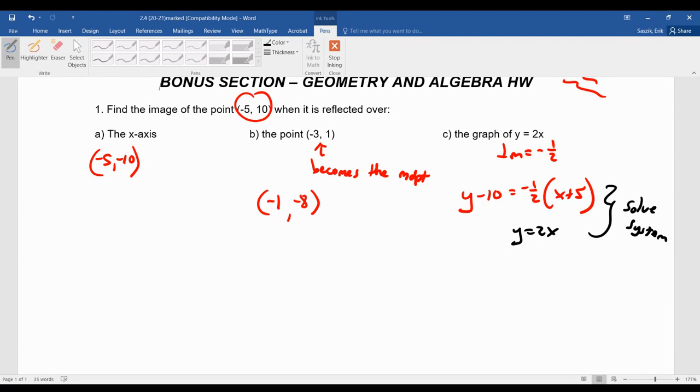Now remember, that intersection is going to be the midpoint from this point to the reflected point. So if we know one endpoint and we have the midpoint, we can then find the other endpoint. So solving the system, finding that point of intersection gives us the midpoint.